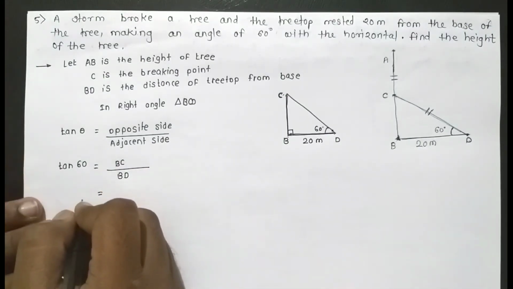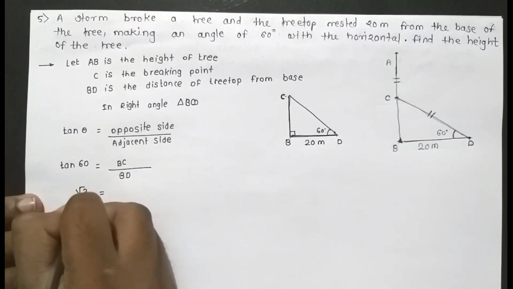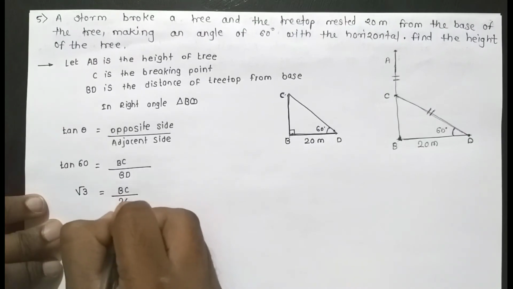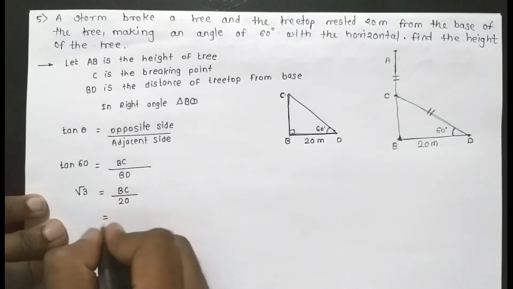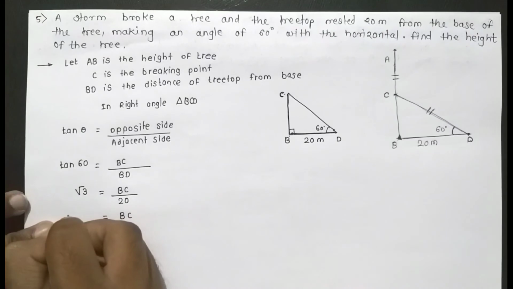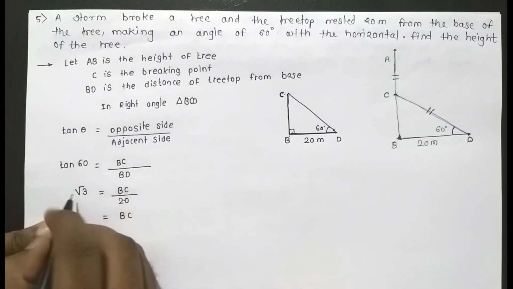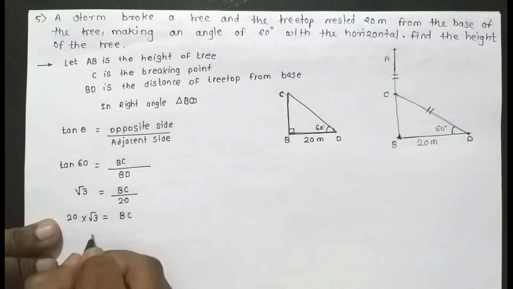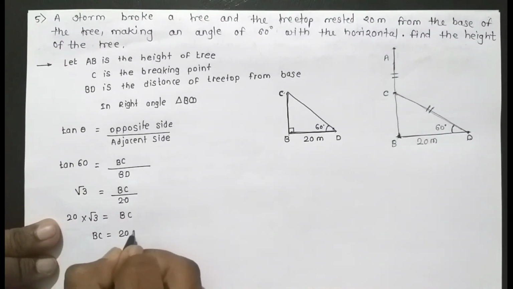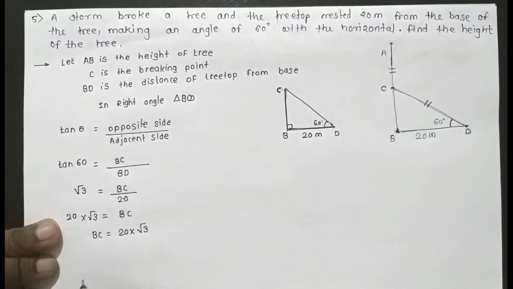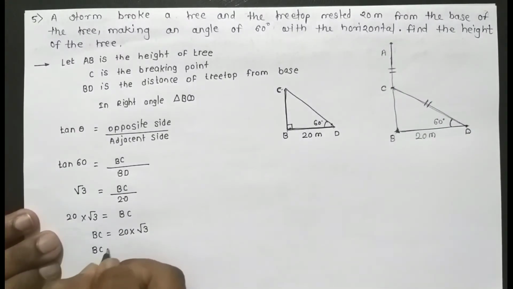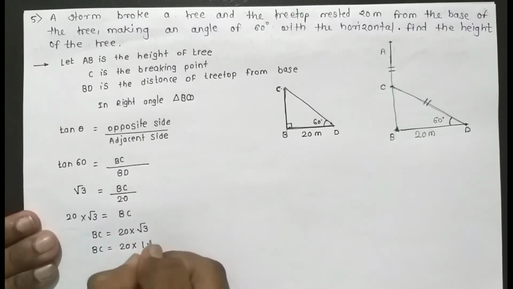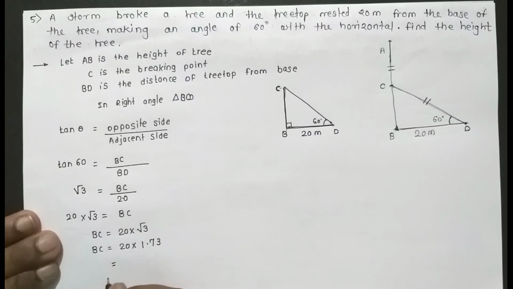Value for tan 60 is √3. We don't know the value for BC, and BD is 20 meter. So BC as it is. 20 goes to the numerator, multiplies with √3. So BC is equal to 20 multiplied by √3. BC is equal to 20 multiplied, the value for √3 is 1.73.